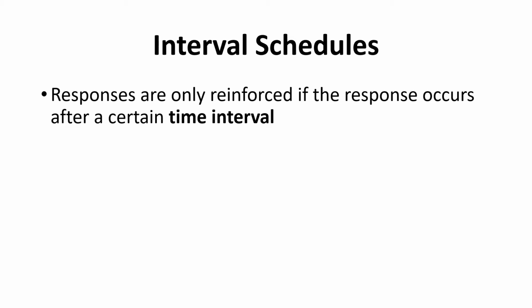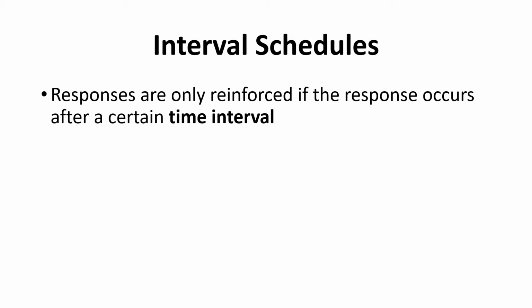Now, it's really important to note here that while we care about the time interval, so we can have an interval schedule where after 10 seconds, you can receive reinforcement, there still needs to be a response made once that reinforcement becomes available. So with our interval schedules, we set a time interval, and after that amount of time has passed, the reinforcement becomes available.